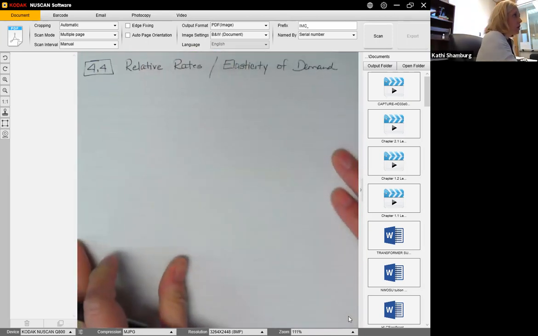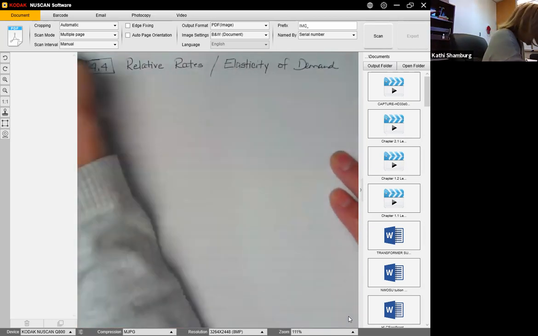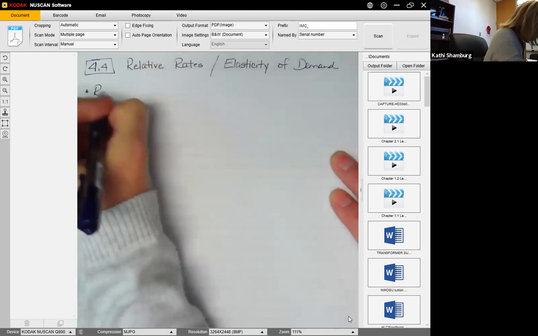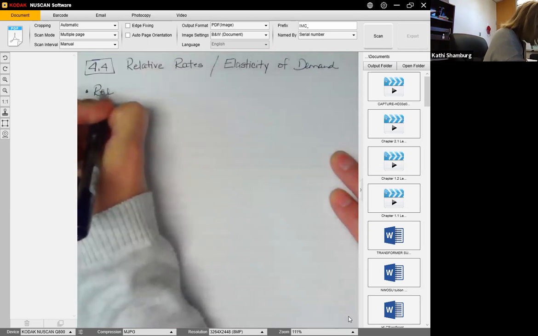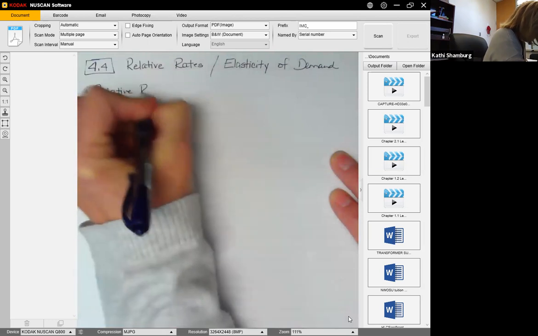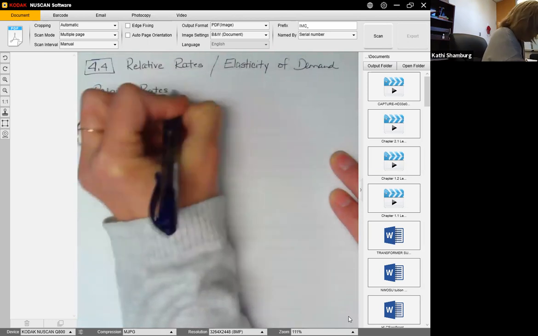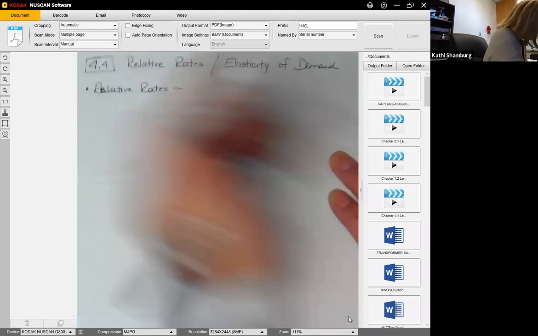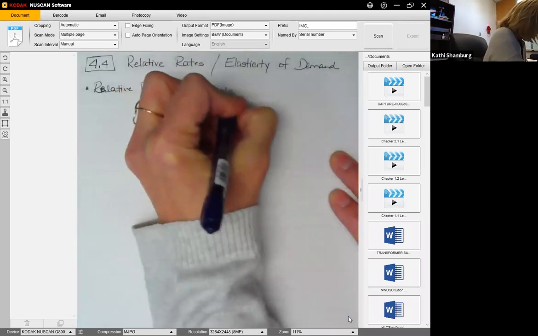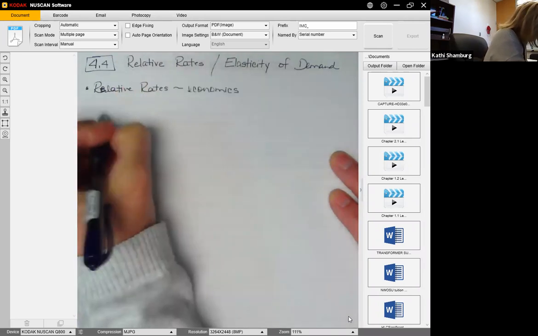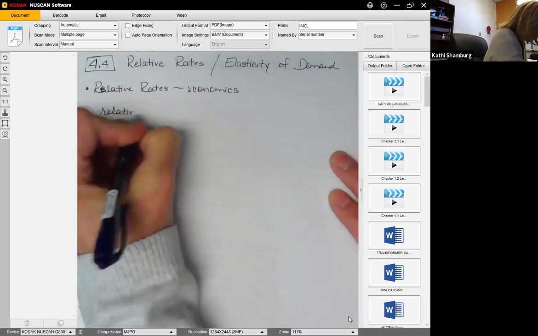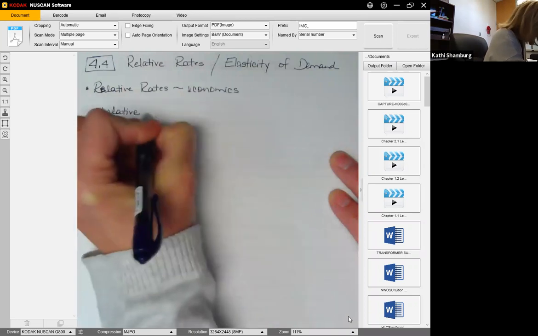So we're going to start out this section with relative rates. And relative rates is used a lot in economics. And so what we're going to be talking about is what is called relative rate of change.